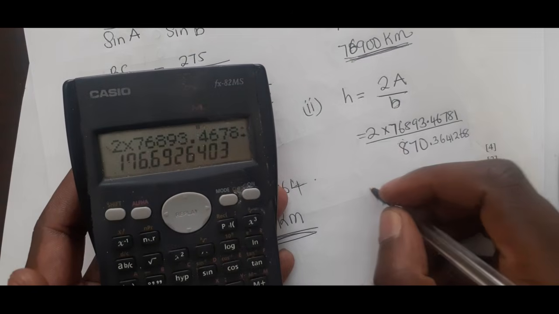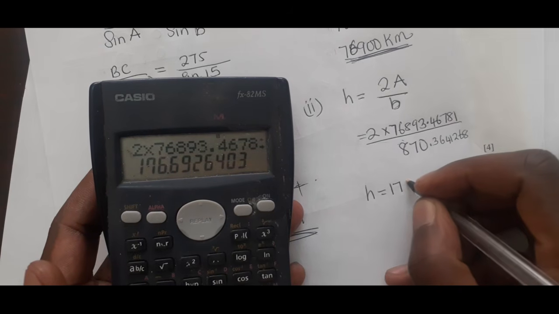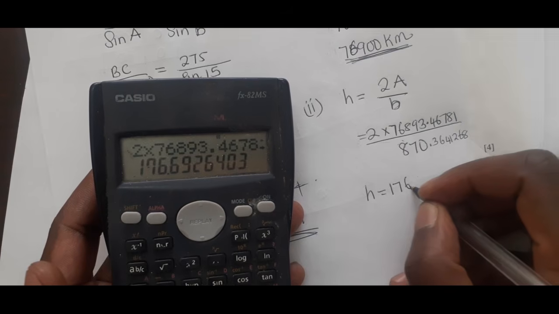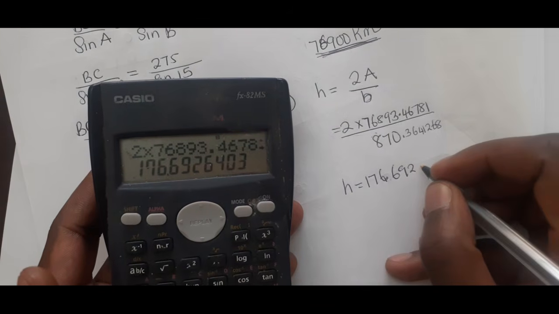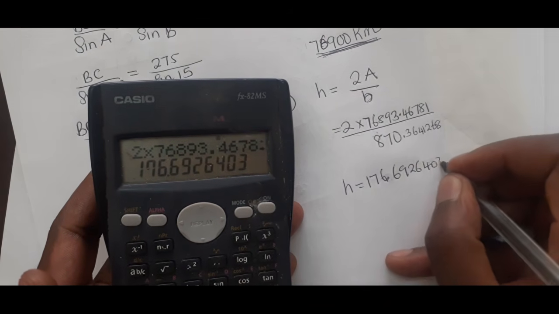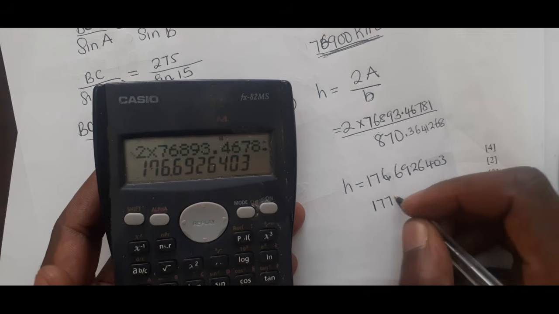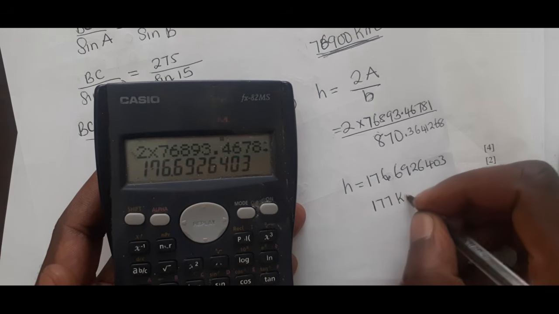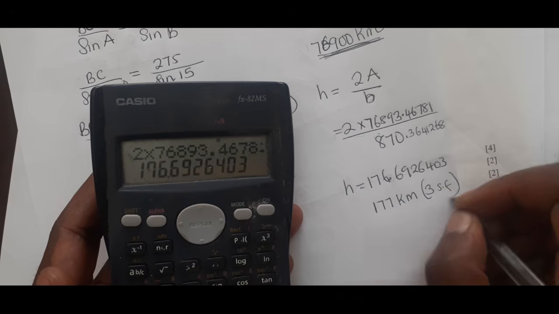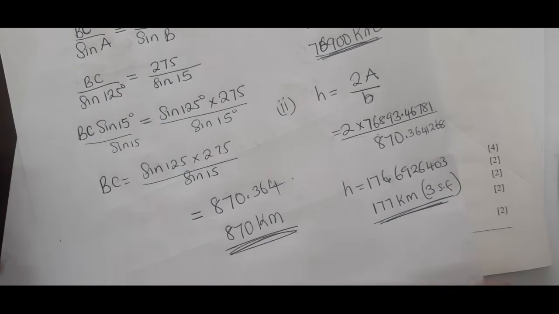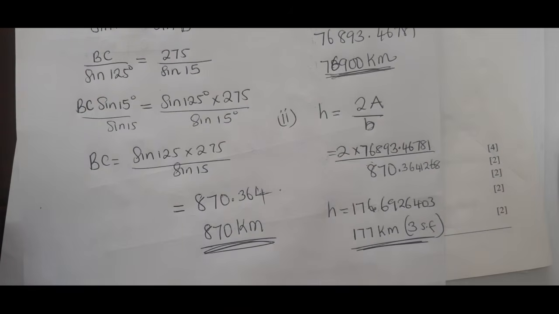So we are going to get the shortest distance is equal to 176.692640. And round off this, it can give us 177 kilometers, correct to 3 significant figures. Okay, so that is what we are supposed to get here.